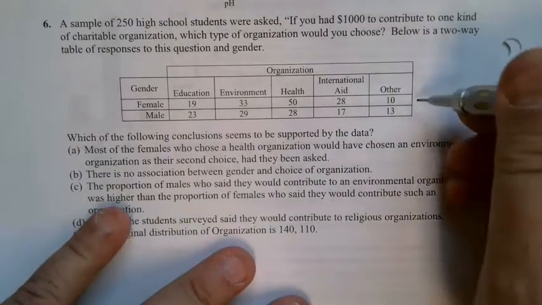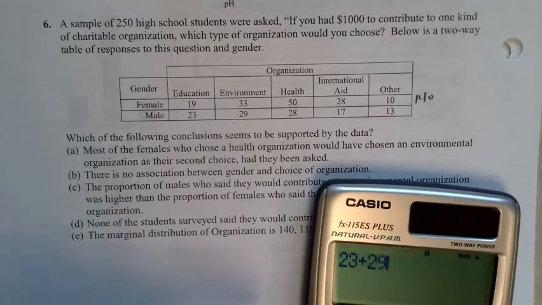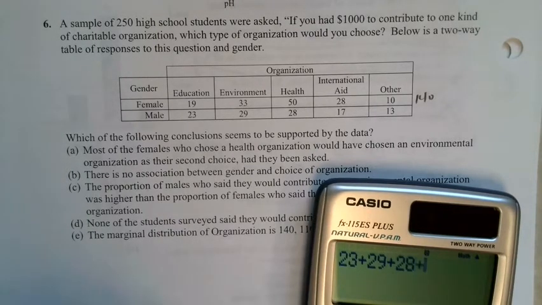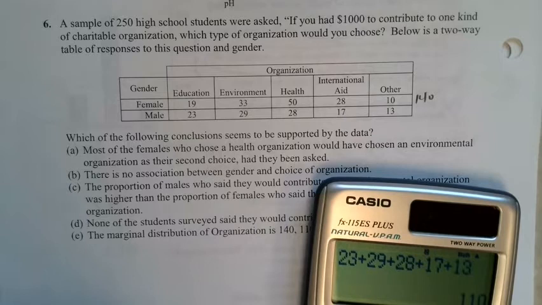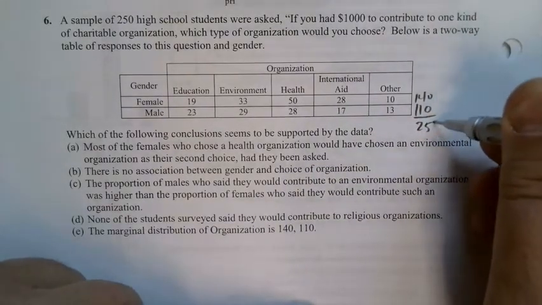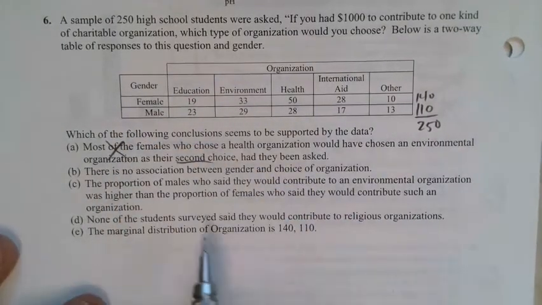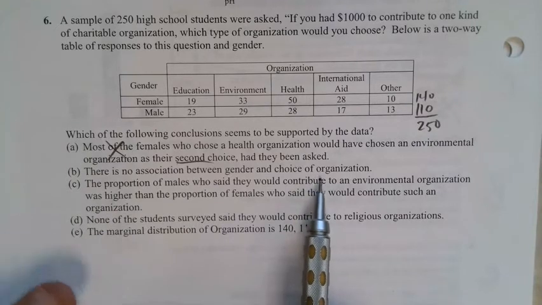There's 140 females. Now I'm adding up the boys. 23 plus 29 plus 28 plus 17 plus 13, 110. Yeah. So this is only one answer. I don't know anything about the second choice, so that's done.